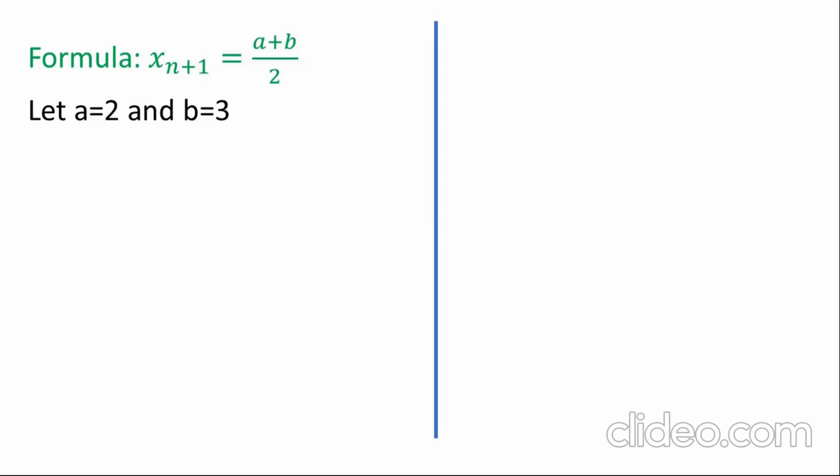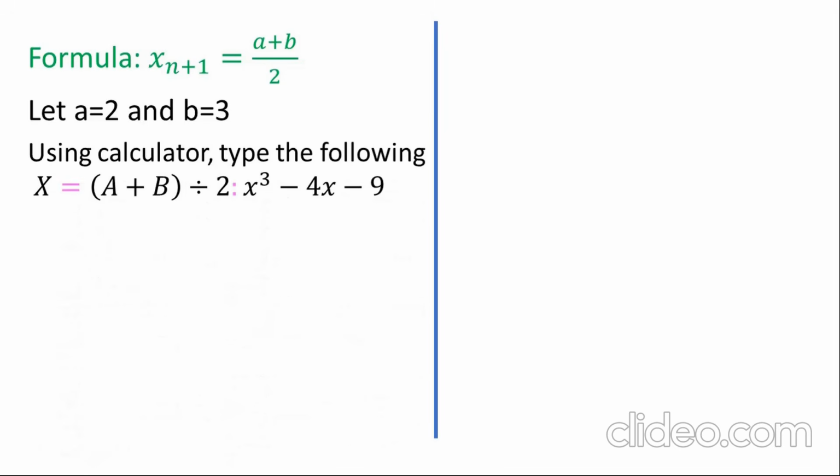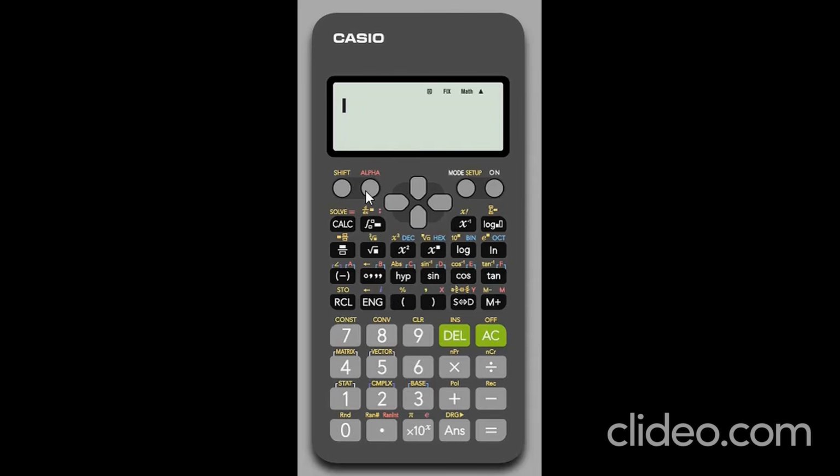Now we are about to use this formula in the calculator. We are going to type this formula in the calculator, and then do the iterations one by one. Let us see how to do this in the calculator. Already we have fixed the decimals.